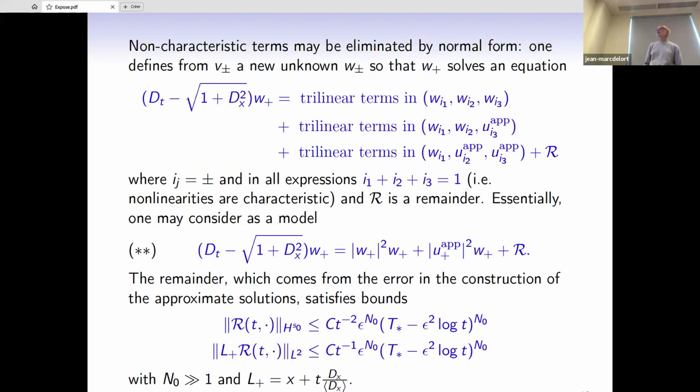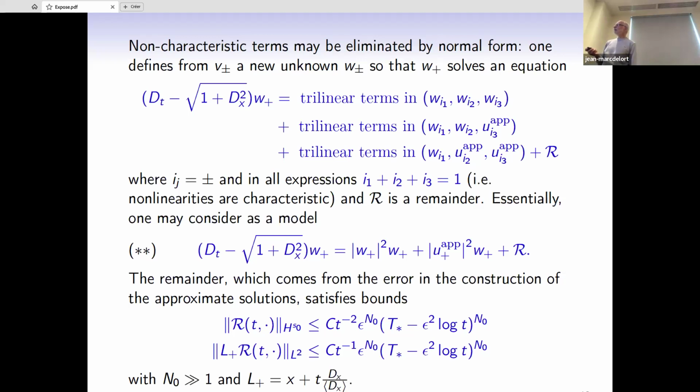And so, performing such normal forms, you may rewrite your equation in terms of a new unknown that I call W plus, which satisfies an equation which has exactly the same form as before. dt minus square root of 1 plus d squared W plus equals different linear terms plus the remainder.